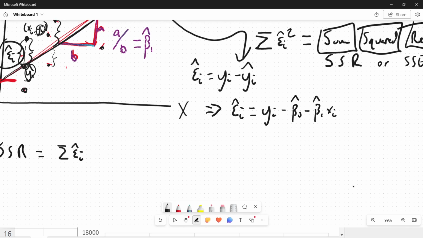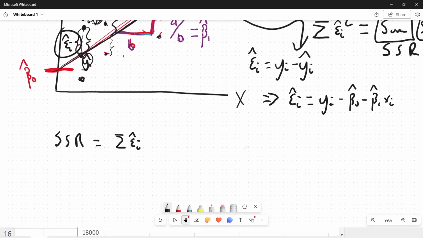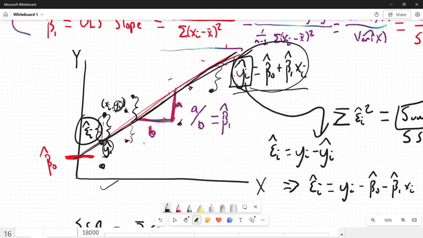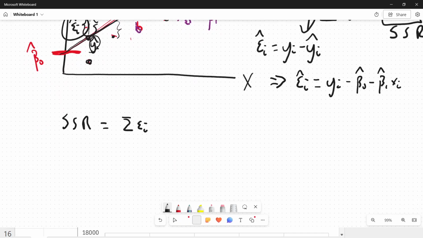Every beta 0 produces a certain type of epsilon. Every beta 1 produces a certain type of epsilon. So I'll do a version of this with no hats for just a bit until I figure out what those beta 0 and beta 1s are. I think we all agree I could draw a line here and then find a different set of epsilons, right? That line doesn't look very good, so I presume that that's not going to be the solution to the problem.